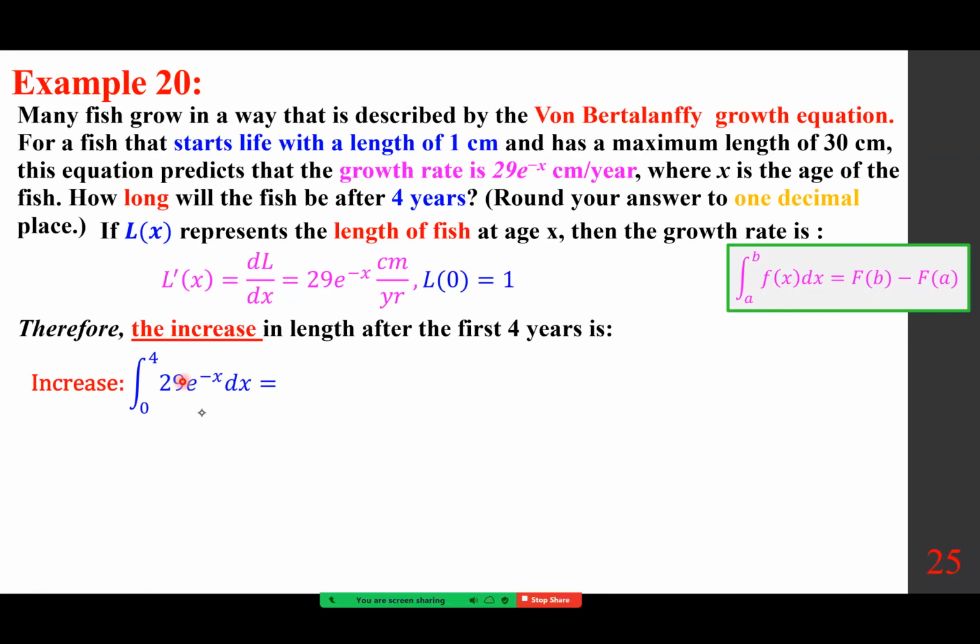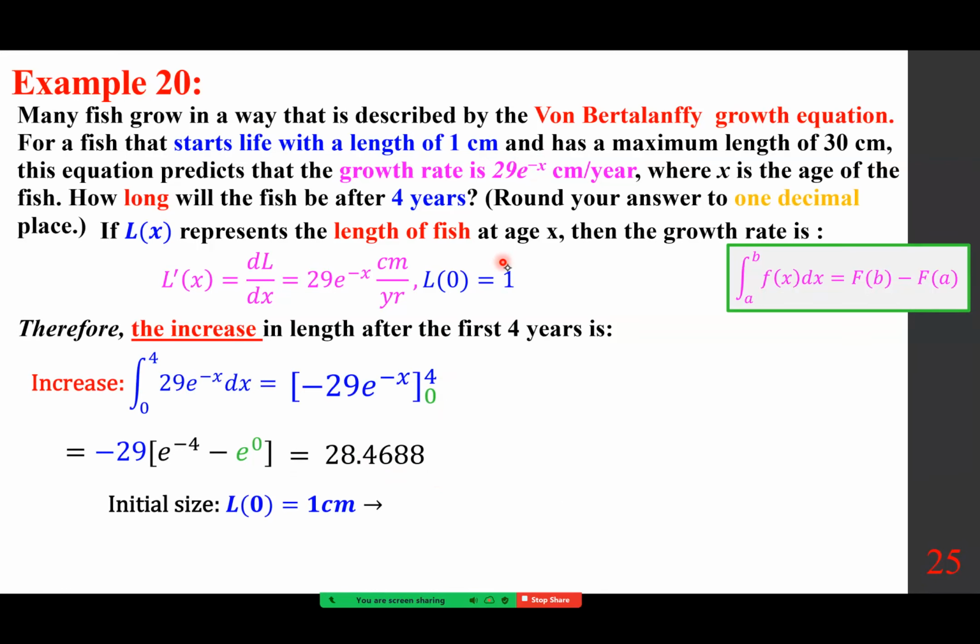So you divide by -1, you get minus 29 e to the power minus x, from 0 to 4. You plug in 4, you plug in 0, and you have to use a calculator, everybody, because everything here is an approximation, including this one, okay? So this is the answer. L of 0 was 1. We add 1 to it, and then it says 1 decimal. Then I change to 1 decimal. This changes to 5 because it's 6.